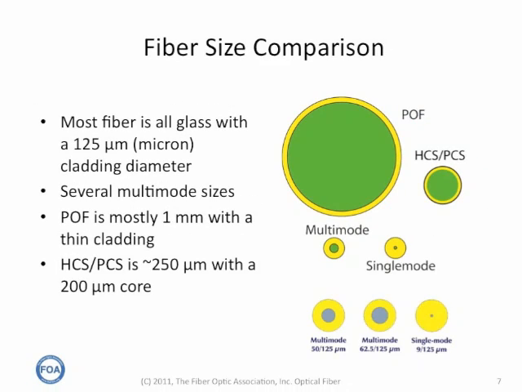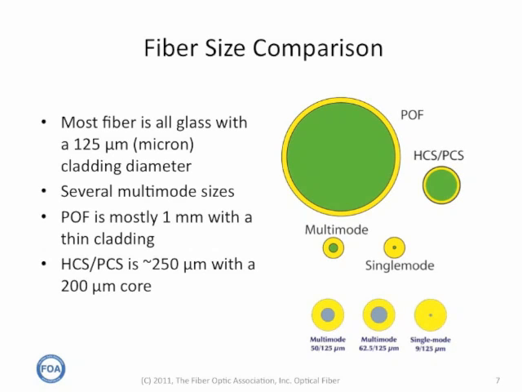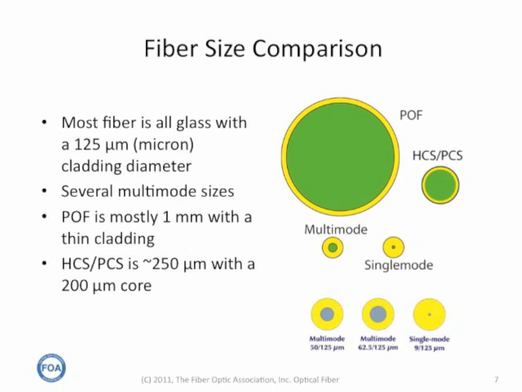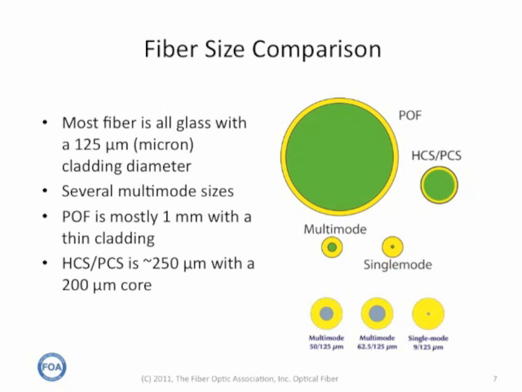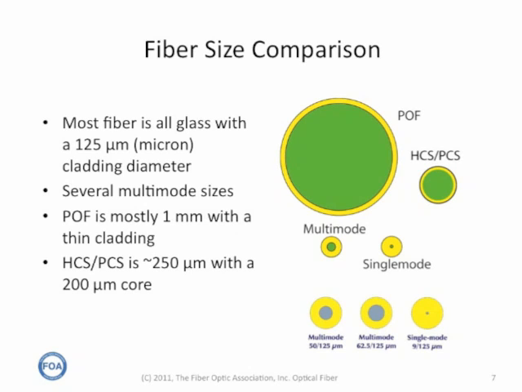There are different sizes of optical fiber, but the majority of all fiber is glass fiber with 125 micron cladding diameter. That's about 5/1000ths of an inch. There are several different multimode sizes with different core diameters, 50 micron and 62.5 micron being the most popular, although in the past we've had 85 and 100 micron cores.